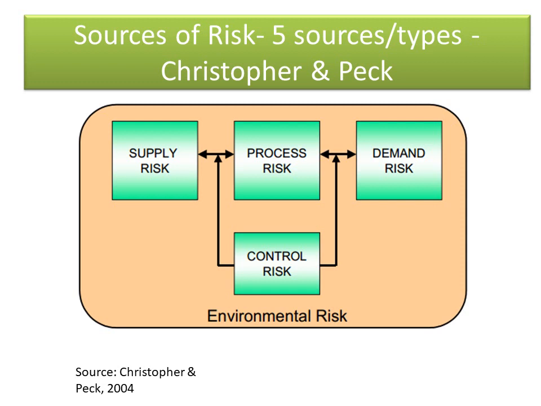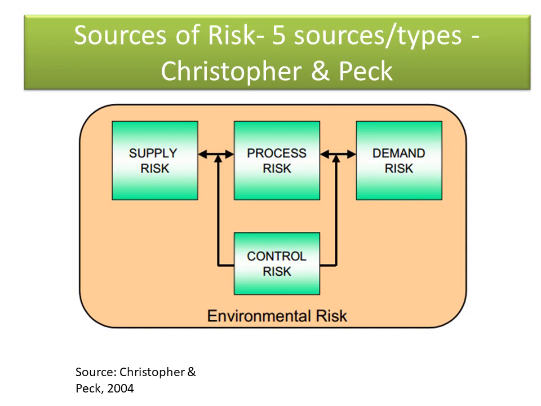And we come on now to the very, very useful model from Christopher and Peck, which basically summarises the main sources or types of risk that impact on an organisation. And the 5 areas are the external environment, from your supply side, from your demand side, and then we've got the process risk and control risk, which is internal to the organisation.